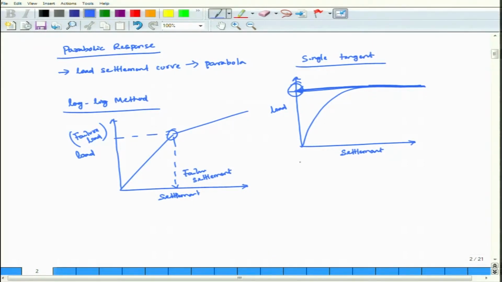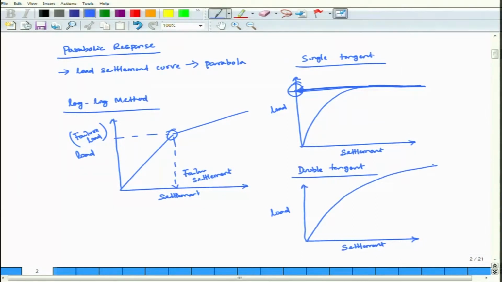Then double tangent. In double tangent, let me plot it, load versus settlement. It is not necessarily asymptotic. The initial part is a linear or elastic part, a straight line.